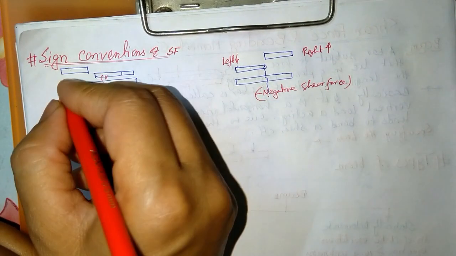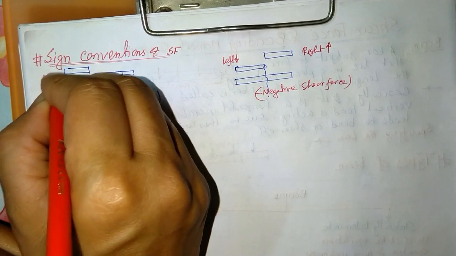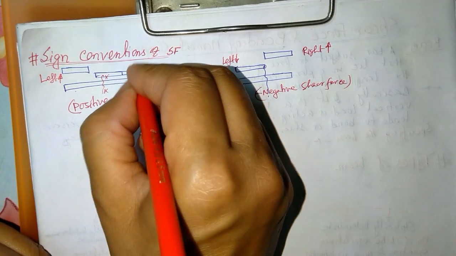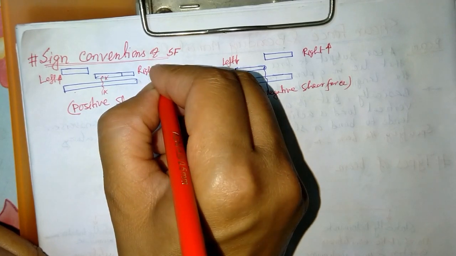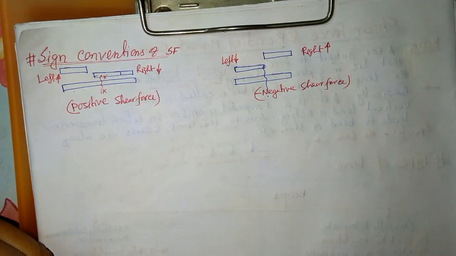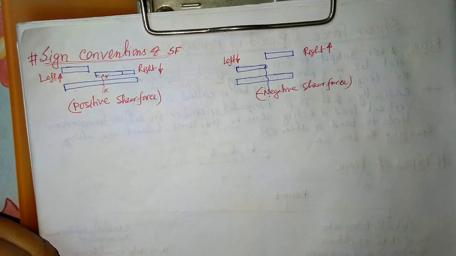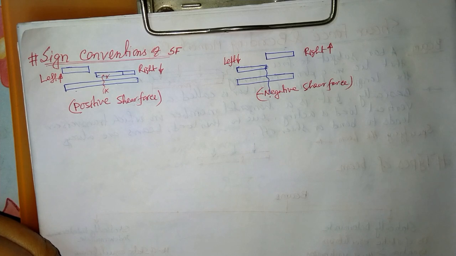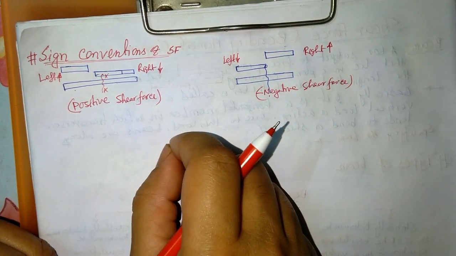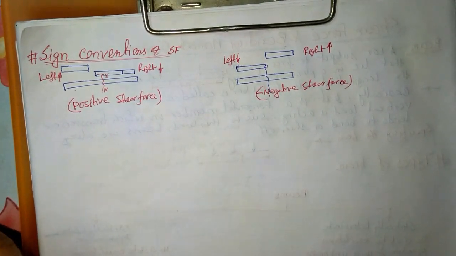Here we have the left of the section going upward and the right going downward, which is positive shear force. This is our sign convention, but many books consider the sign convention according to their own. So for each and every problem, if you are writing any conventional paper, you have to mention the sign convention when solving the problem. Later on we will see. So this is about our shear force.